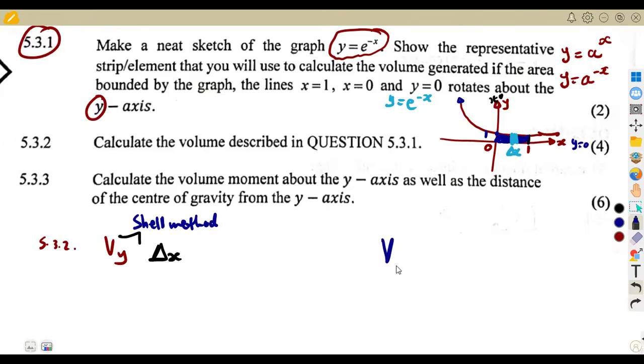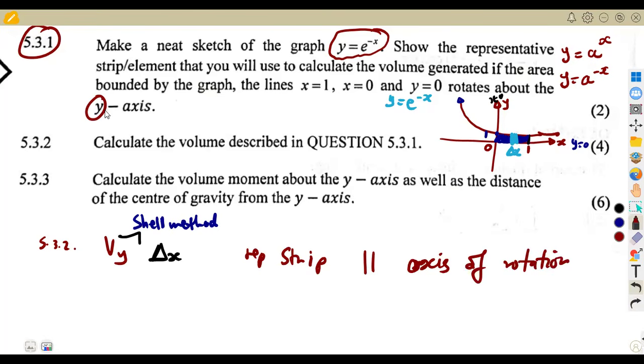If it was the volume with respect to y and your representative strip is with respect to y, these two correspond to each other, so you apply the disk method. Or you can use the concept of being parallel. You use the shell method when the representative strip is parallel to the axis of rotation. Our axis of rotation here is the y-axis.